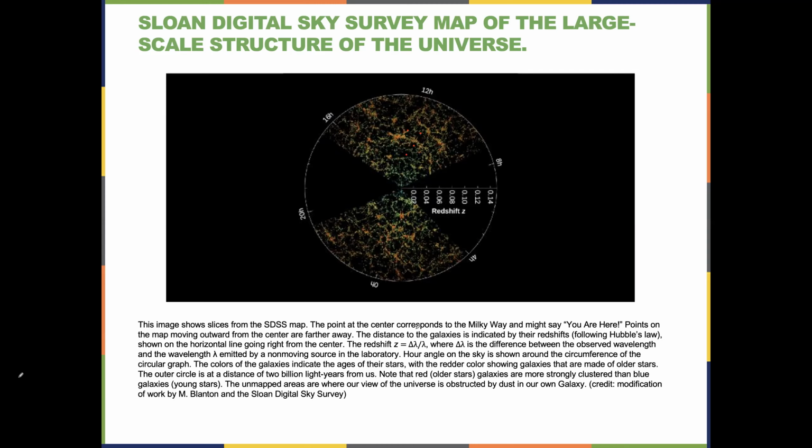However, what we need to know here is that this point at the center is where we are, like our own Milky Way, and from there these telescopes observe our sky. And this scale here is the redshift, so it gives you an idea how far we are looking.